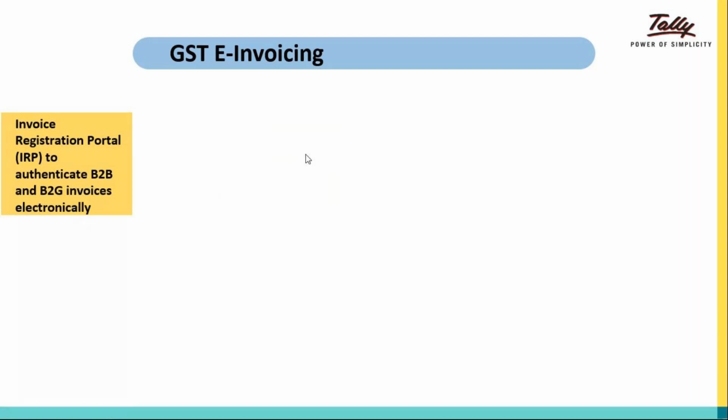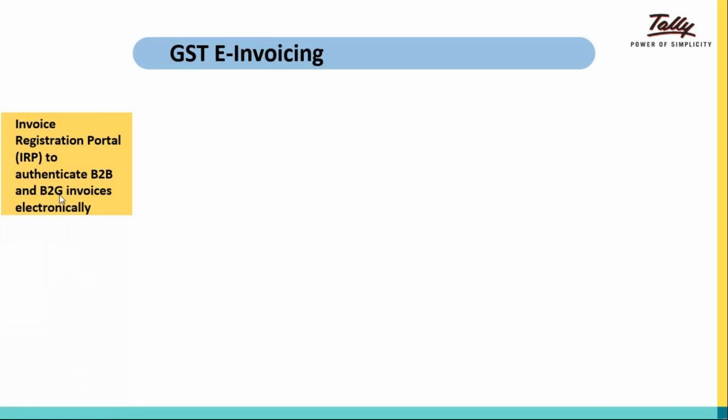Now if you want to authenticate your business transactions to the government, if the government wants to authenticate all the business activities taking place in the company, for that we have two important components, that is B2B, business to business, and B2G, business to government. So the GST department will have to verify and authenticate all your B2B and B2G invoices.